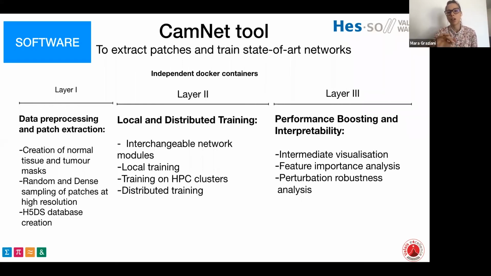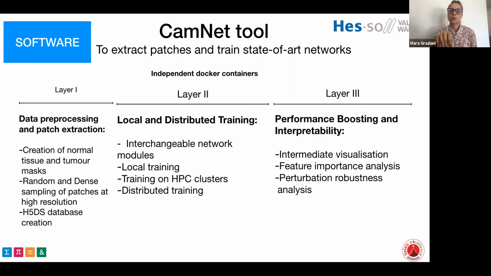So we have a config file essentially that allows you to choose your state-of-the-art deep learning model and train it on your data. And we wanted to implement both the traditional training of deep learning models and the distributed training by using multi-GPU approaches and scaling the training on the computational resources that we had.